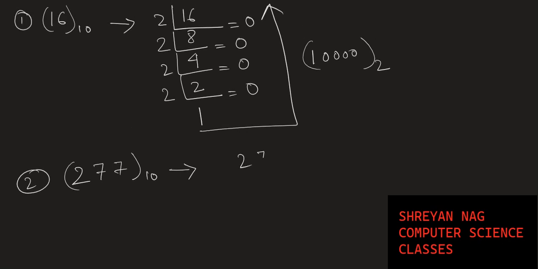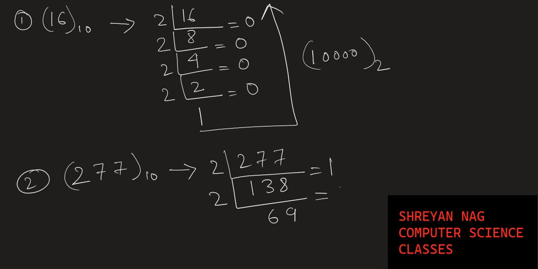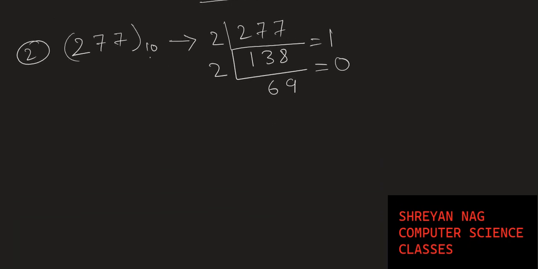Division with 2: 2 138s are 276, so remainder is 1. 2 69s are 138, so remainder is 0. 2 34s are 68, so remainder is 1. 2 17s are 34, remainder is 0.